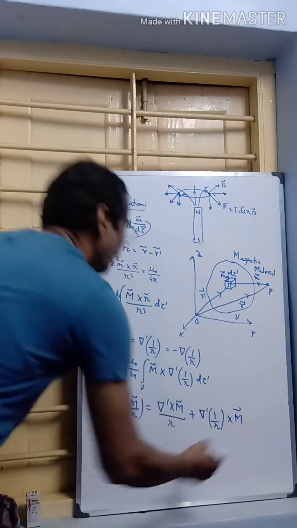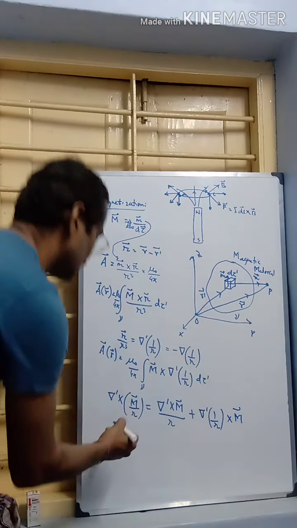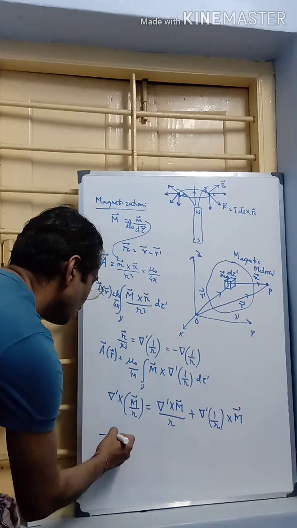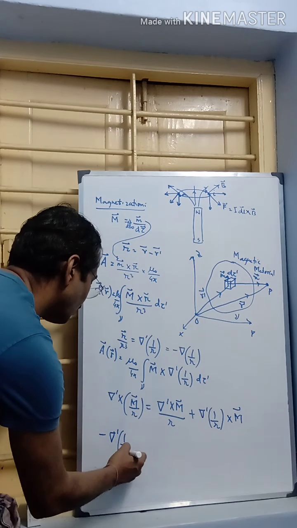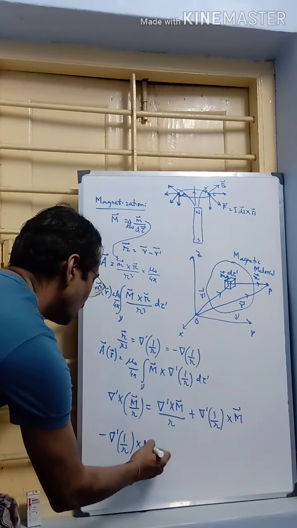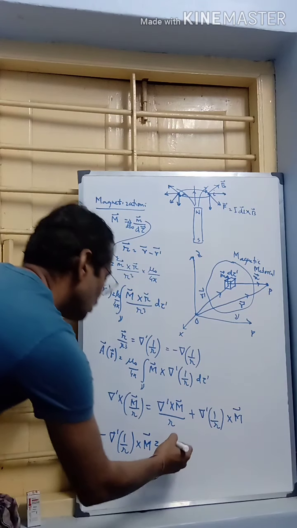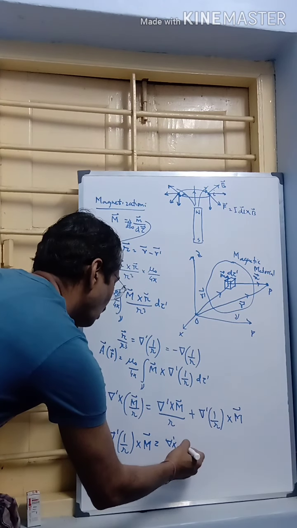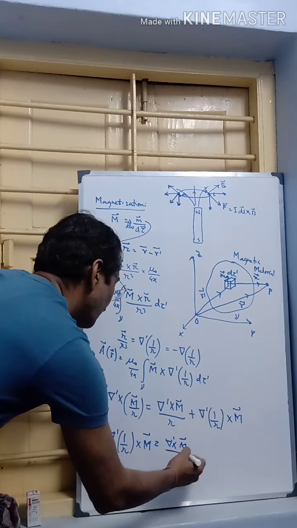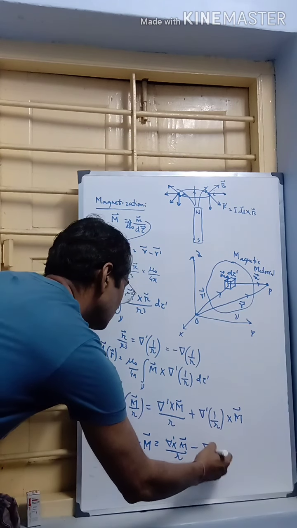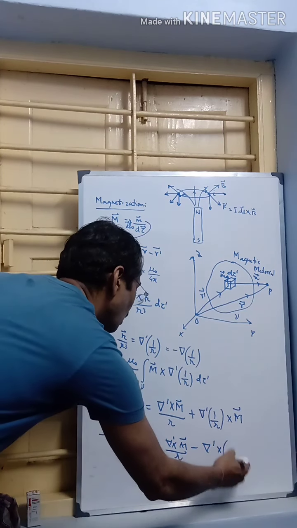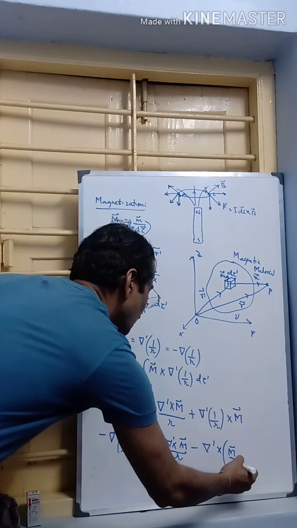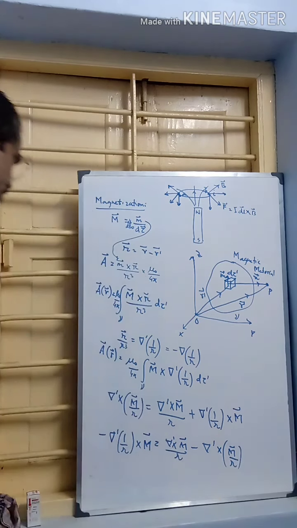We can just interchange this. We can write this as minus of grad prime of 1 by r cross m to be equal to curl of m by r minus curl of the whole of m by r.